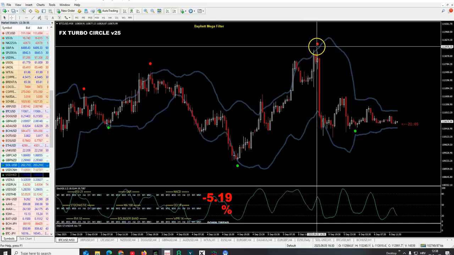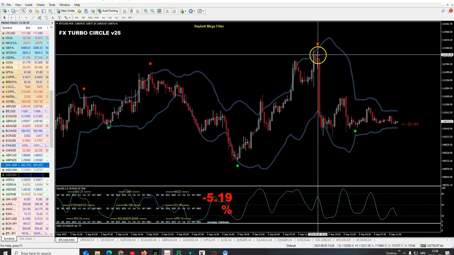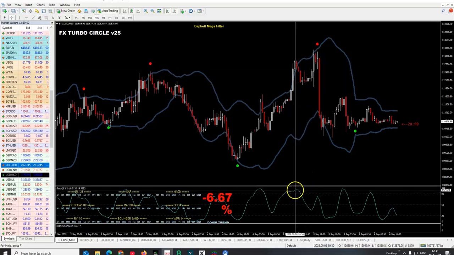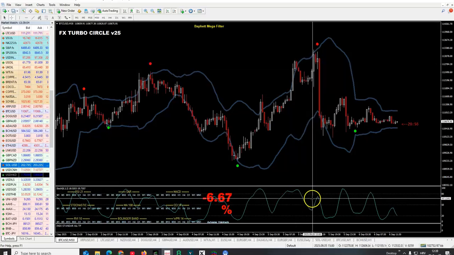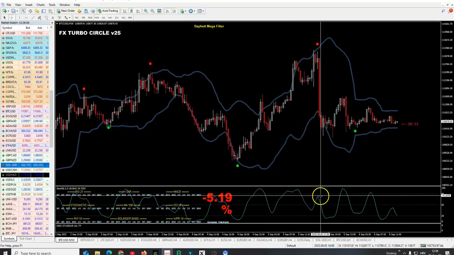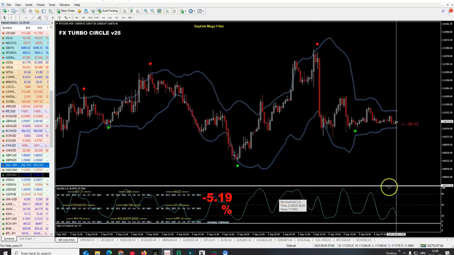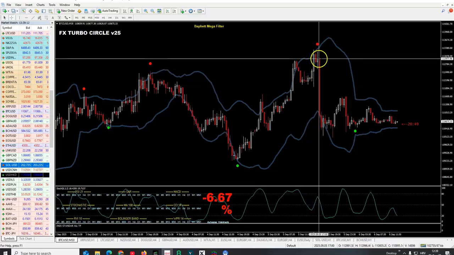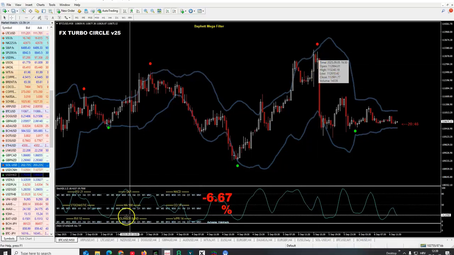Also here the price was crossing, touching. The price can previously, not now, have been over the 80. This is going down, and here you see a fantastic entry.